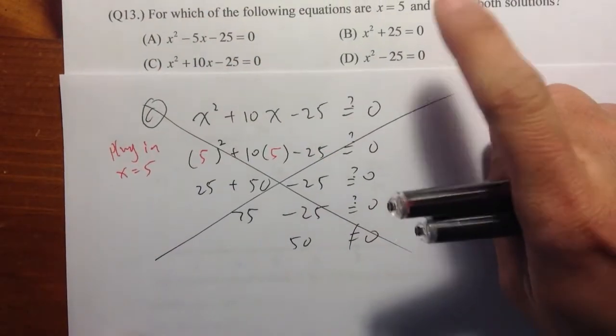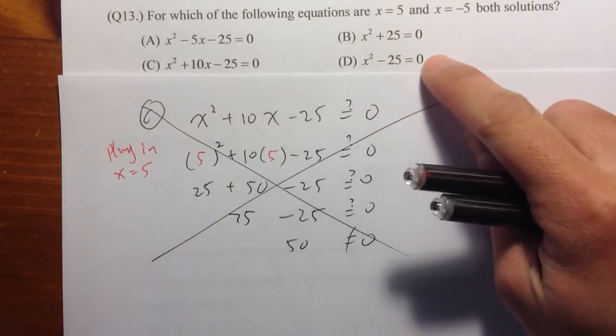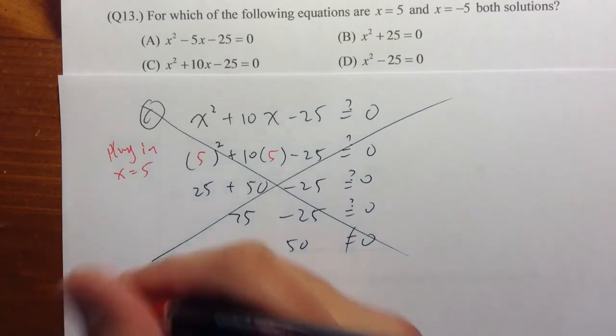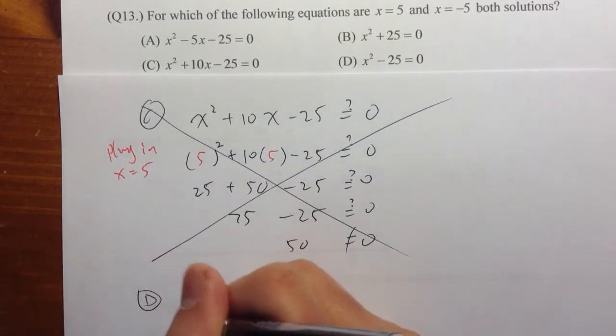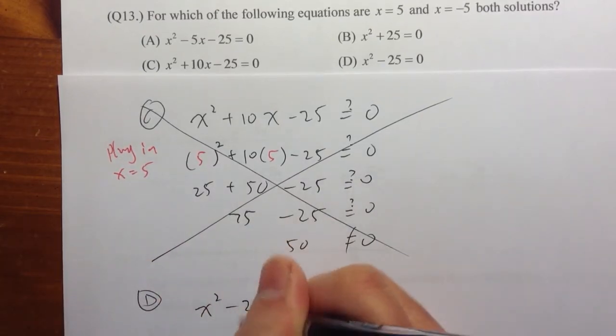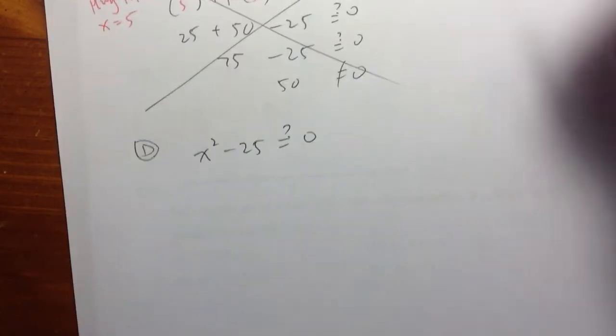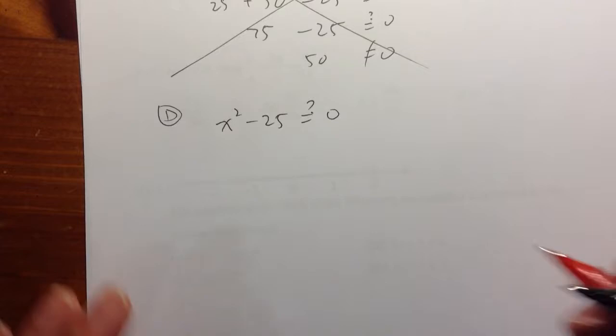Last one. Well, it's kind of nice. D has to be the answer, right? But let's just do the check. Choice D, x squared minus 25. Will that be 0 when I plug in x equal to 5?